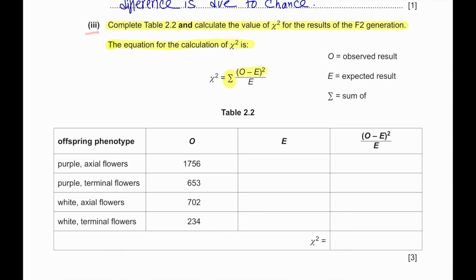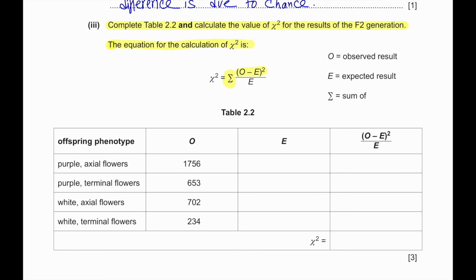Part 3. Complete table 2.2 and calculate the value of chi-square for the results of the F2 generation. The equation for the calculation is chi-square equals the sum of observed minus expected, whole squared, divided by expected. Now, purple axial flowers. So in terms of ratio, we are supposed to get 9:3:3:1.